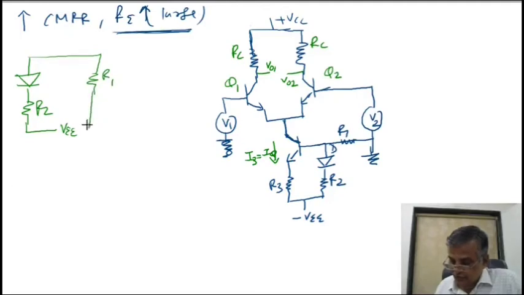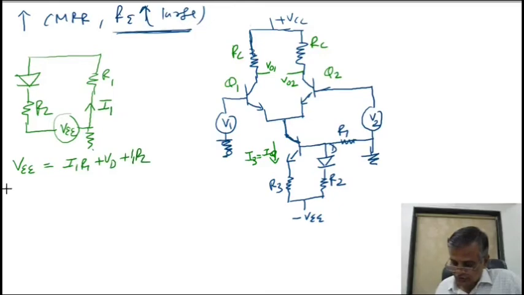This is your ground terminal. So this current is, let me say, I1. So VEE is equal to I1 R1 plus VD plus I1 R2. So current I1 I can write as VEE minus VD upon R1 plus R2.